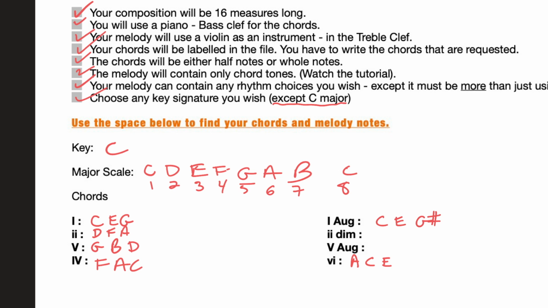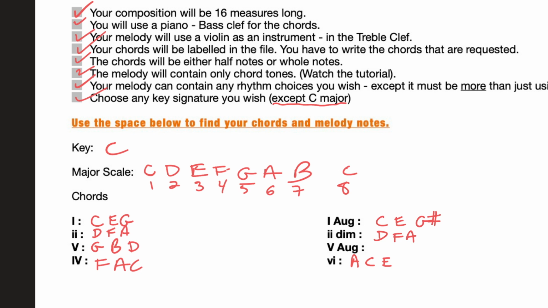There are no sharps or flats, and therefore when you raise that top note, it becomes a G sharp. The 2 diminished is just like our 2 on the left side, D, F, A, and to make it diminished, you have to lower both the top 2 notes. Well, the way I've taught you is to make sure that when you write this D chord, you would have to figure out what the D major chord is.